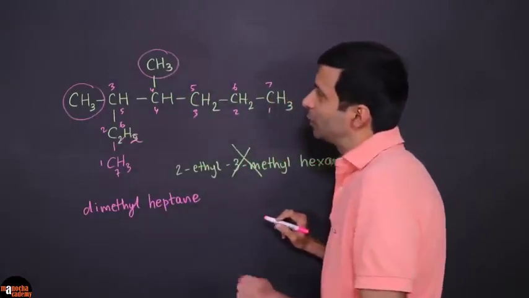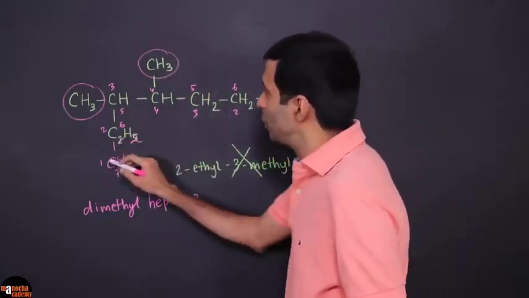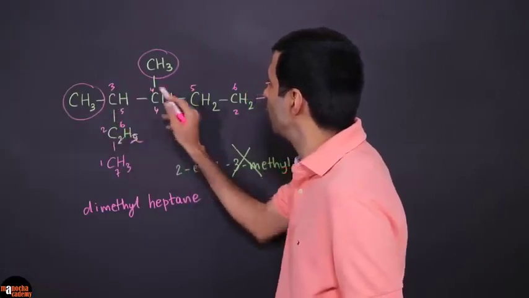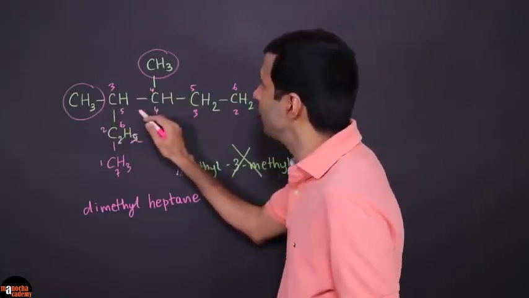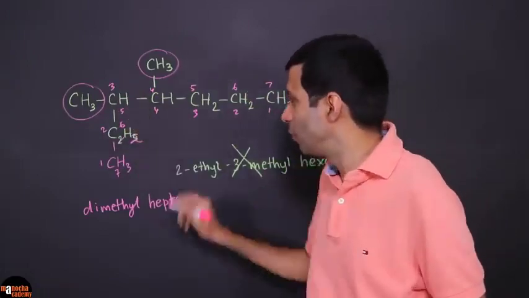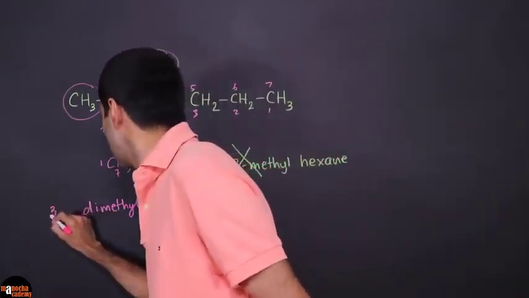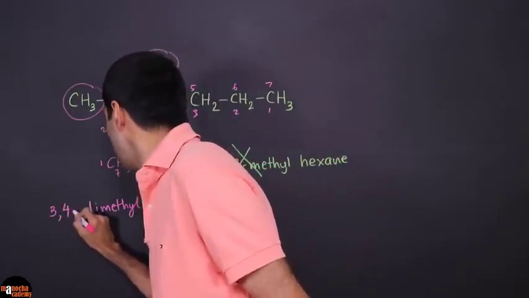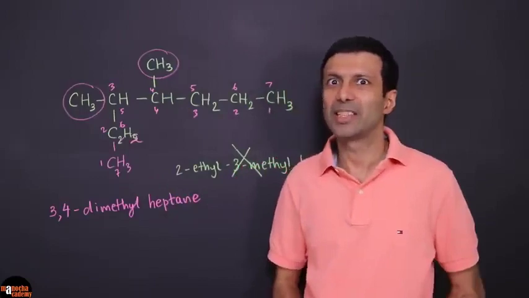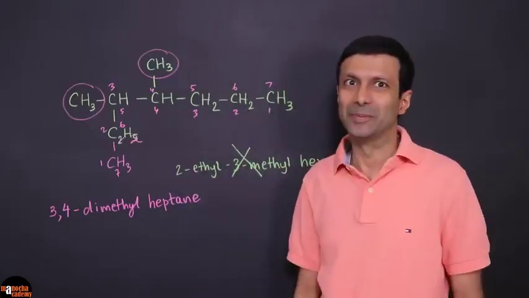And what are its positions? It's at position 1, 2, 3 and 4 if we number this way. So 3 and 4 here. And if we go this way, it's at 4 and 5. So again, we'll choose the smallest number, which is 3 and 4. So the name is going to be 3,4-dimethylheptane. So that's our correct answer here.